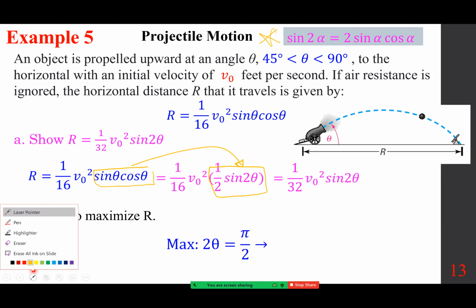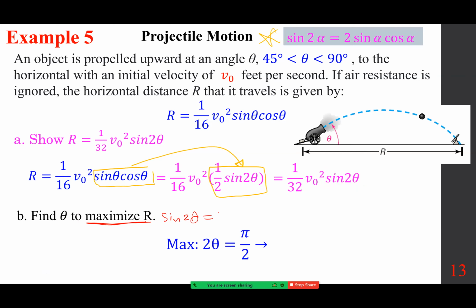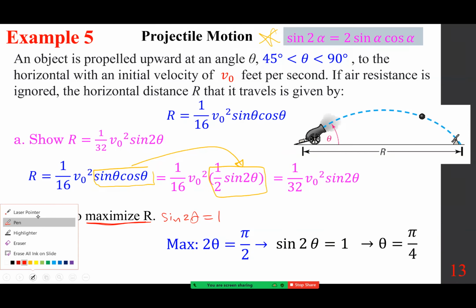So again, maximum R happens when sine 2 theta is maximum, which is 1. And that happens when 2 theta is pi over 2, and theta becomes pi over 4. So the maximum occurs if the choice is pi over 4 or 45 degrees. An angle of 45 degrees gives us the maximum range.